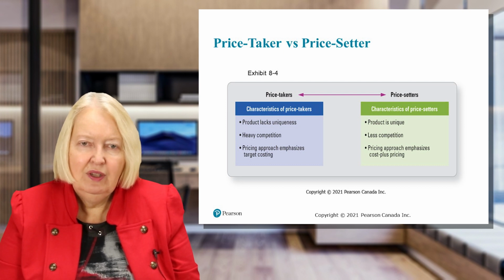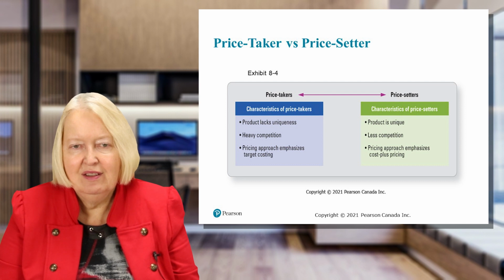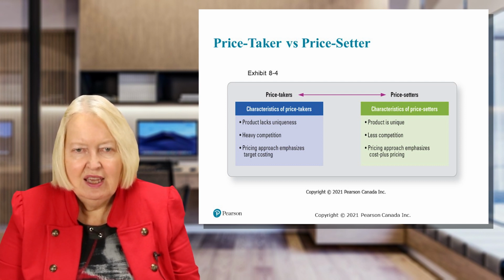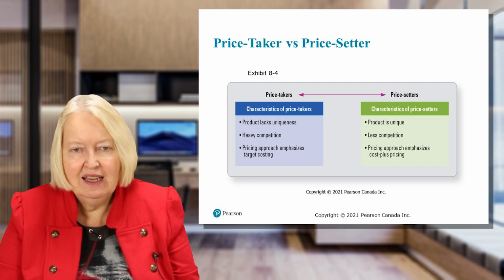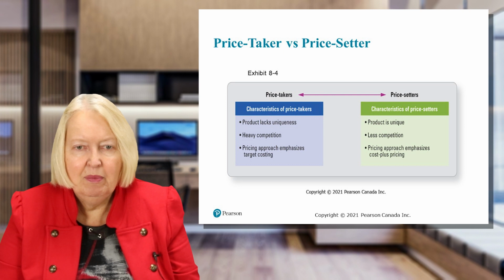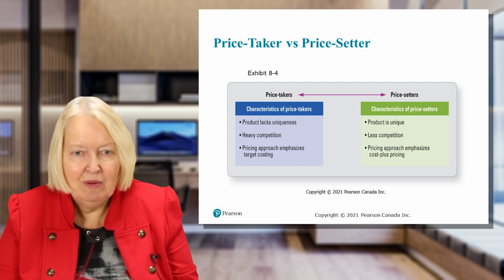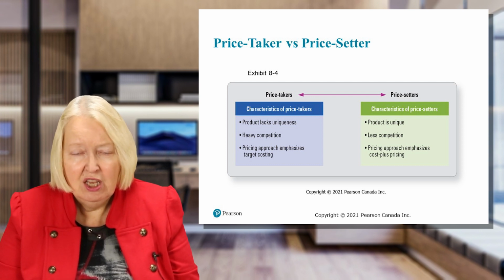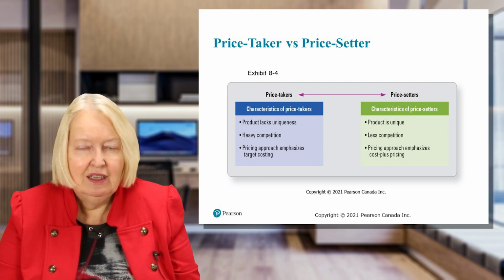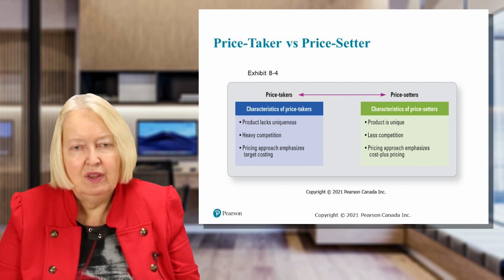So when you're looking at pricing, there's price takers and price setters. So price takers, here you have a situation where the product lacks uniqueness. So think about a liter of milk. You pretty much have a lot of competition, and in that situation, you're going to have to keep your price in line with the competition.